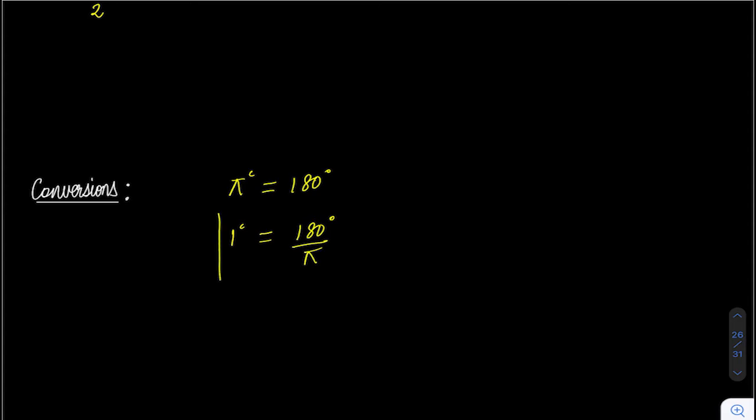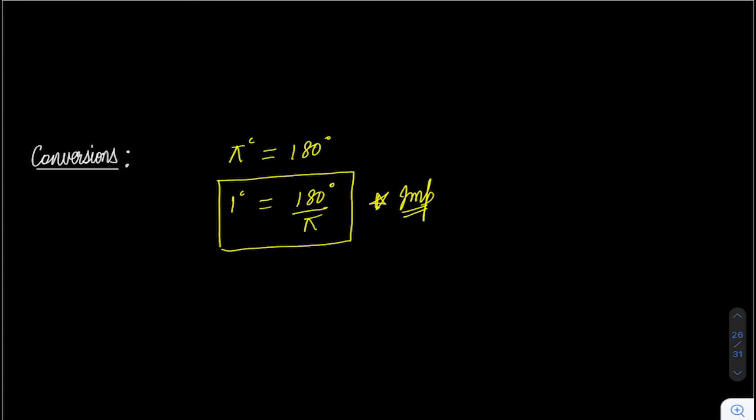This is the value of 1 radian that you have to remember. This will help us convert radian angles into degrees.